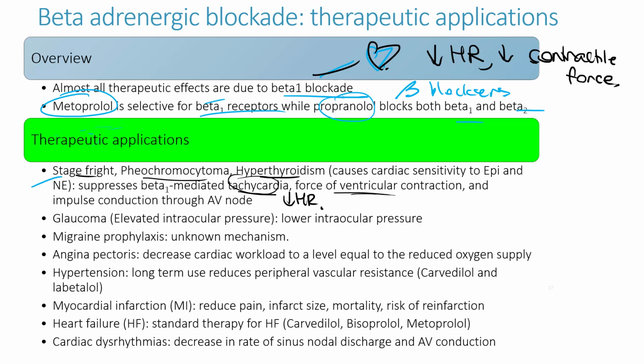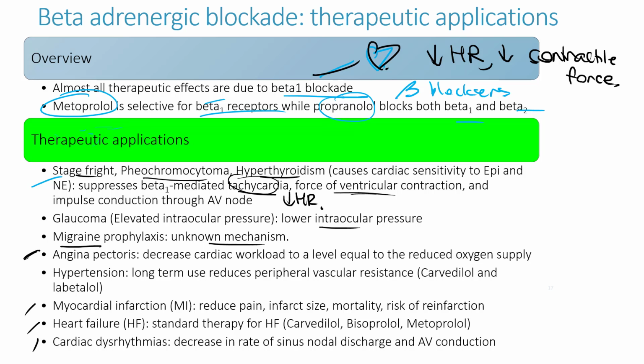In glaucoma, there is elevated intraocular pressure, and so it acts to actually lower that. It's sometimes used to prevent migraines, and you can see here unknown mechanism, and you can see over here 1, 2, 3, 4 are related to the effects on the heart.